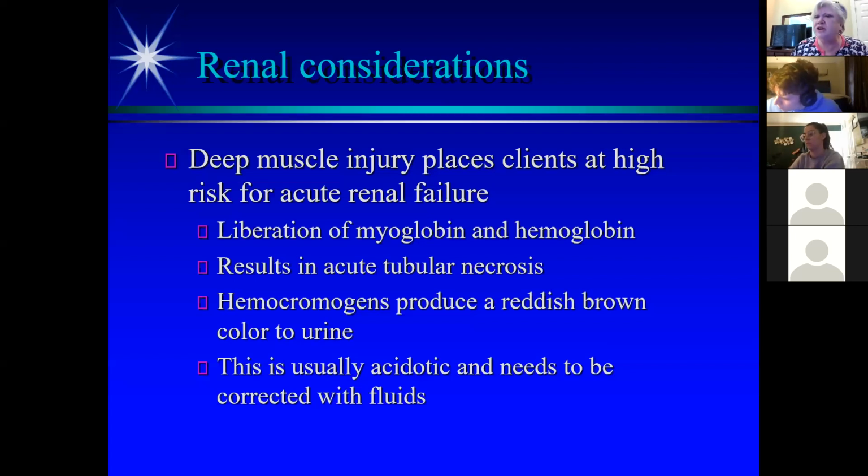You try to keep the urine flowing through the kidneys instead of plugging up the kidneys from all the necrosis, the breakdown of tissues, the myoglobin, and all the junk that's just dead tissue of the internal organs being broken down from the burning. As the hemoglobin and the myoglobin break down, the urine often is really dark, reddish brown in color. We sort of expect that, and that's just hemoglobin and myoglobin being broken down.